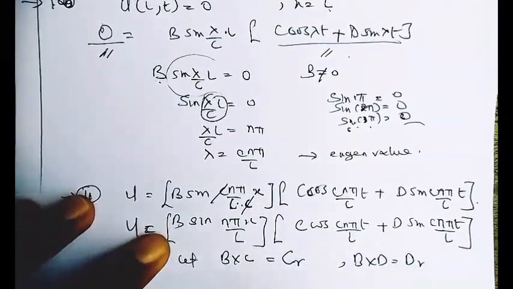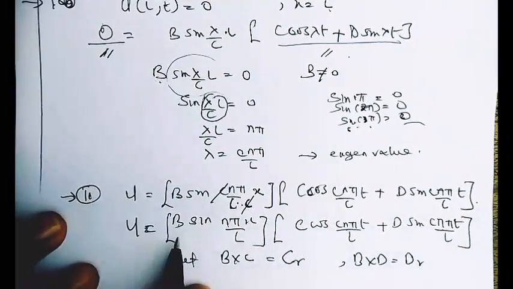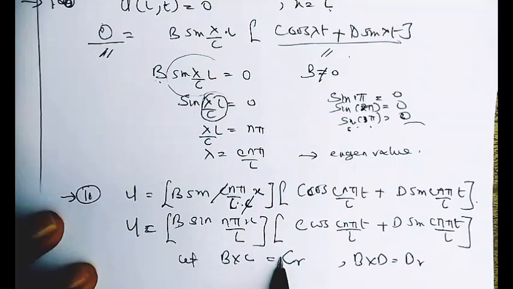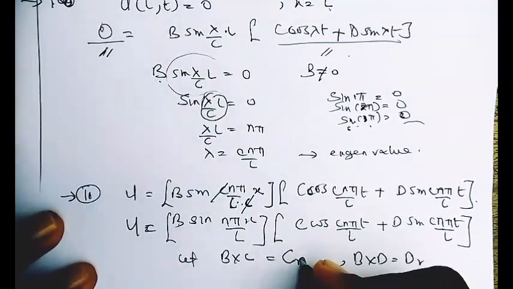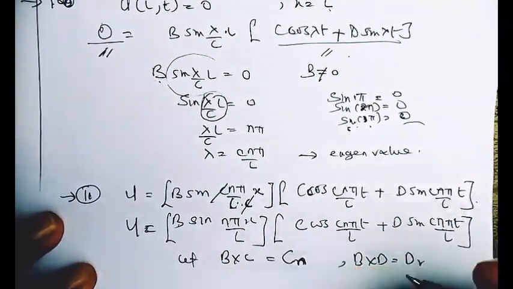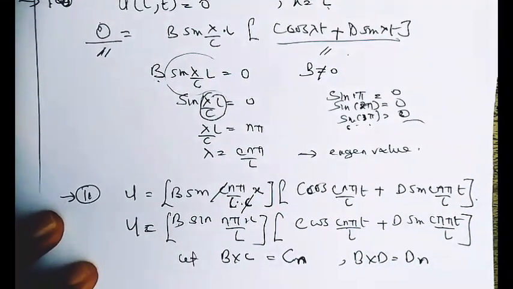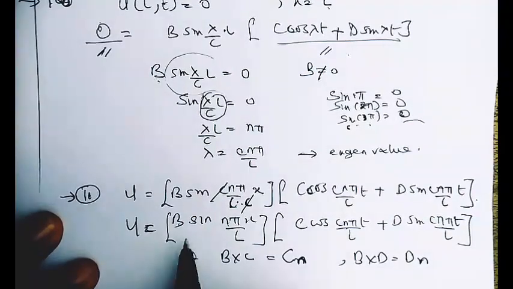I'm trying to introduce new constants, since we have three different constants and this can multiply this. So let me assume a new constant Cn, and b times d, a new constant Dn. Now let's multiply through.